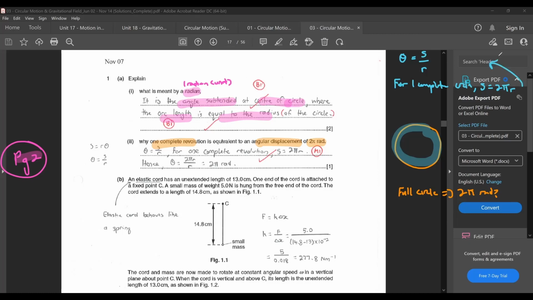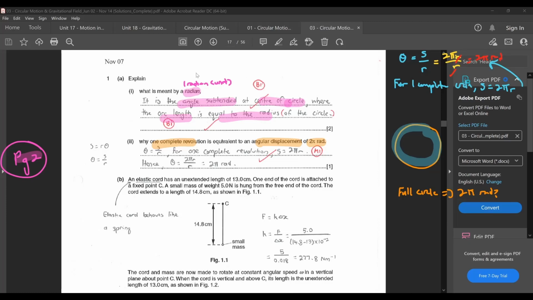So you sub it inside the equation for angular displacement. This one will be 2 pi r divided by r. Eventually they cancel off, giving you 2 pi radians itself.